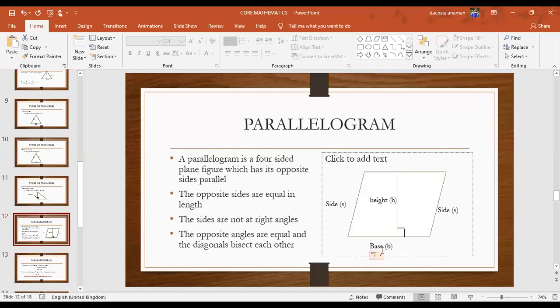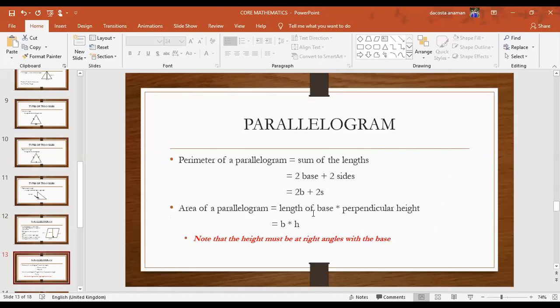Since the bases have the same length, you just pick one, multiply it by 2. The sides have the same length too, you pick one, multiply it by 2, then you get your perimeter. Now the area of a parallelogram is the base times the height. Note that the height must be at right angles with the base.